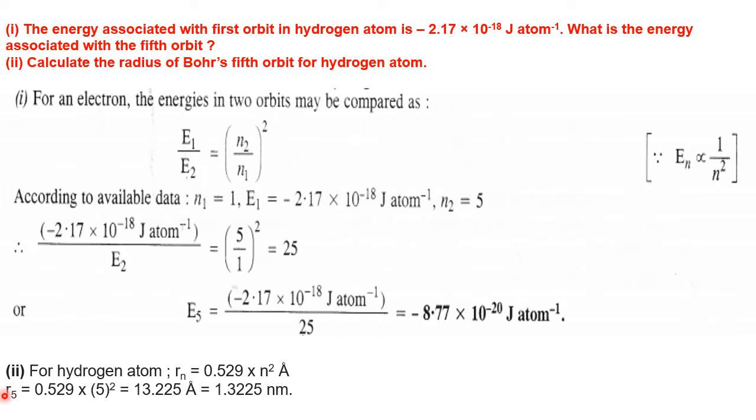Here n is the energy level; we have to calculate the radius of the fifth orbit. So R5 equal to 0.529 into 5 square, which is 13.225 angstrom, or in nanometers, 1.3225 nanometers. Very good.